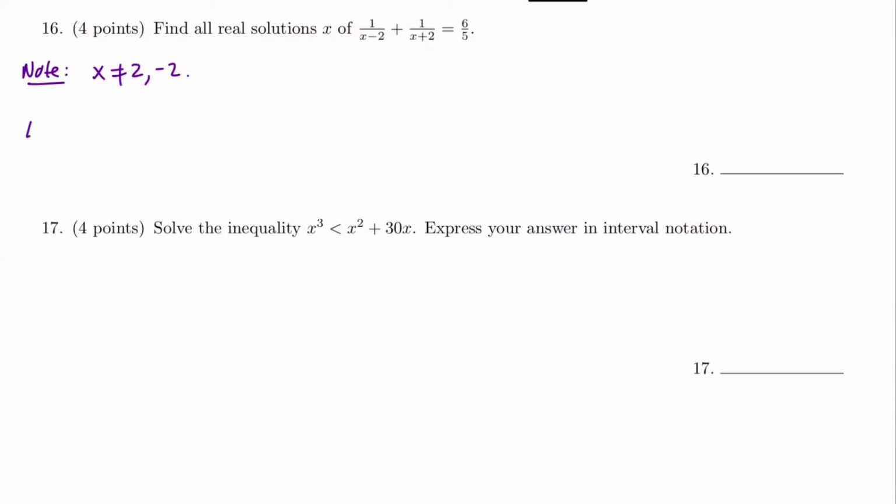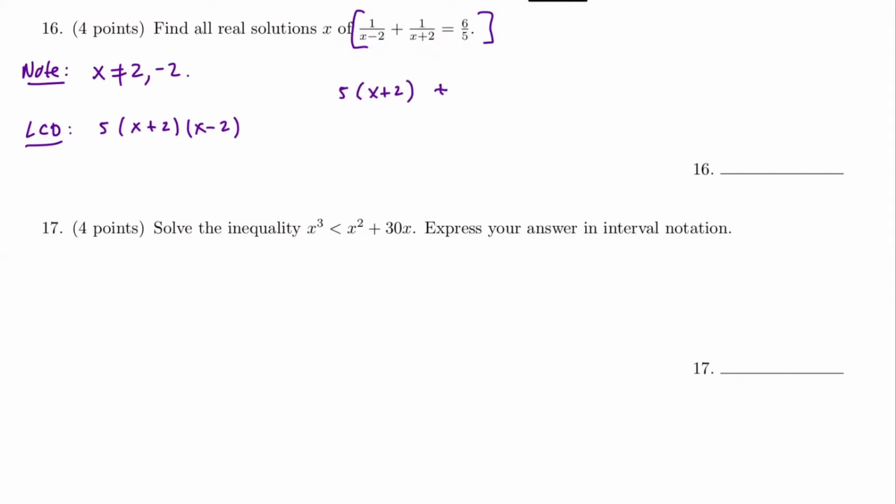All right, so let's find the LCD. The least common denominator will be 5 times x plus 2 times x minus 2. So you need a collection of this denominator and this denominator to get rid of them completely. Now we take the LCD and multiply both sides of the equation by it. For the first fraction, x minus 2 will cancel, so you'll be left with 5 times x plus 2.